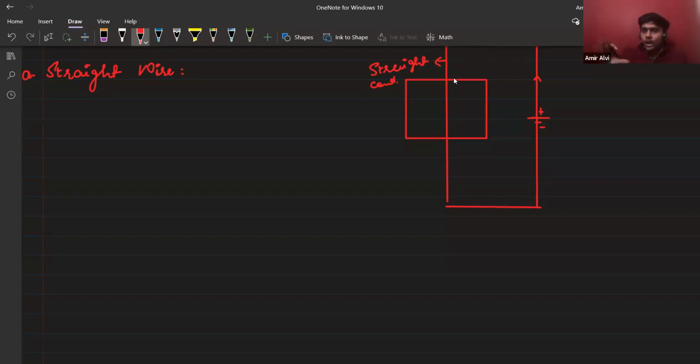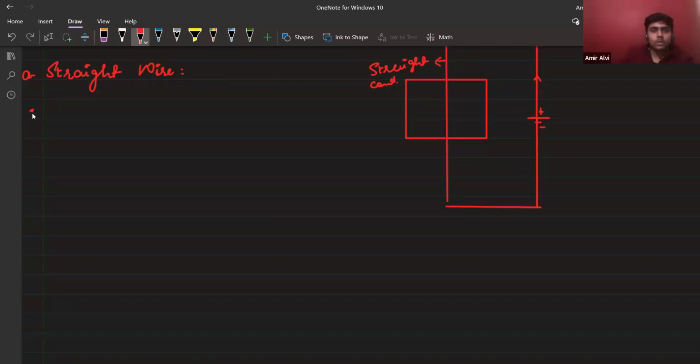It will form circular waves again and again, with bigger radius. The same thing will happen here. If a straight wire is there, a circular magnetic field will be generated around it. Clear, Zainab? Okay, very good.